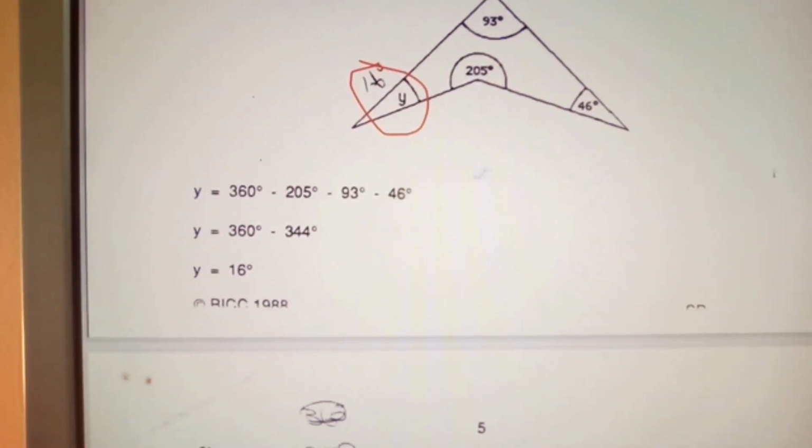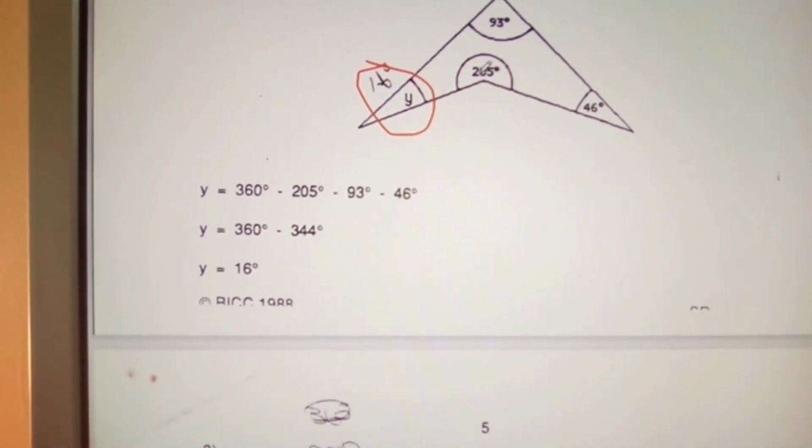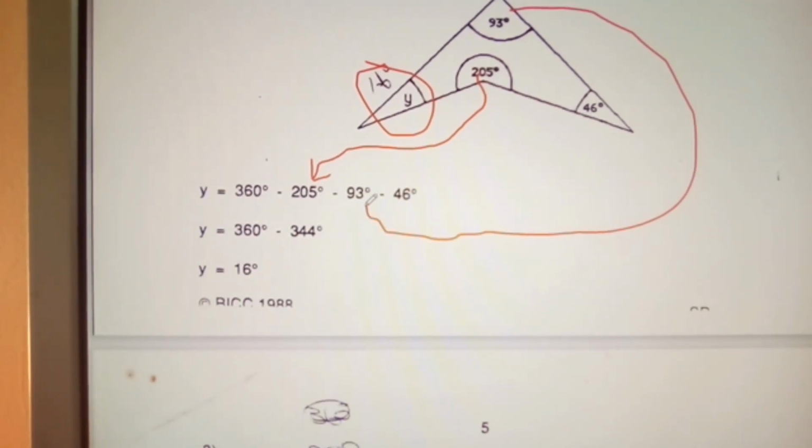And again here we have 360 minus 205. That comes from here. Minus 205. 93, that comes from here.